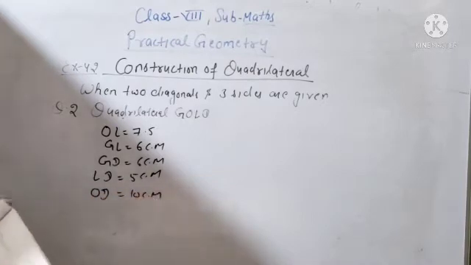Clear? So you have to construct the quadrilateral GOLD. Clear? So simple, same like that.